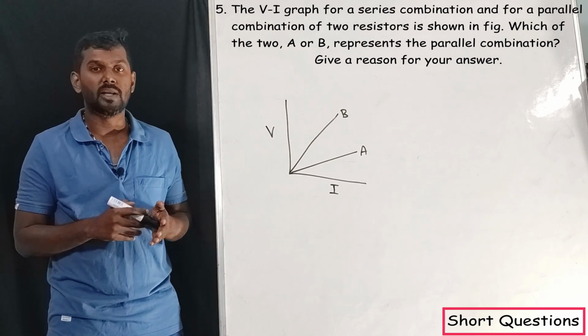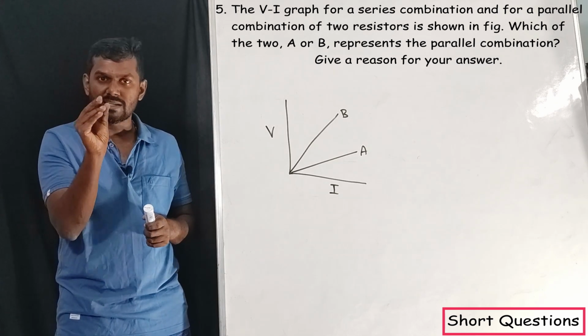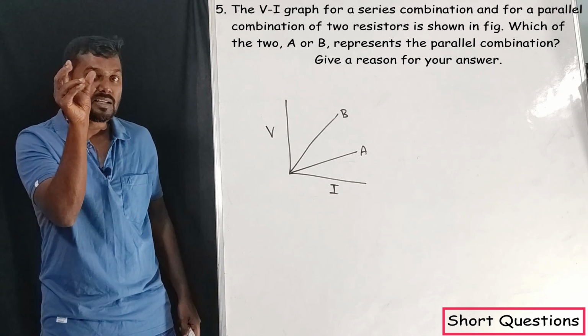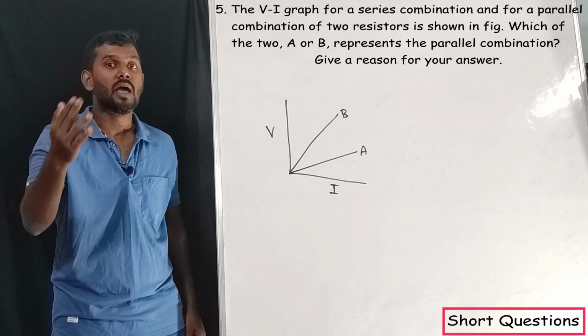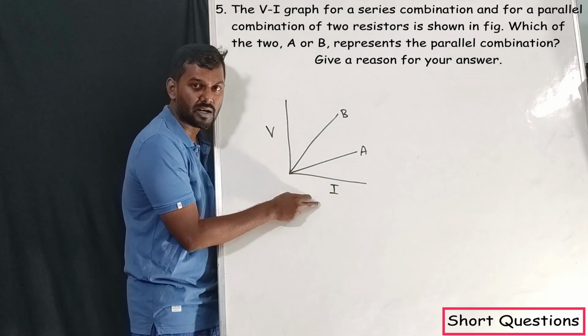In parallel combination, we know the complete resistance of the circuit will be very less. If the resistance is less, what about current? Current will be more. Which line is towards the current axis?